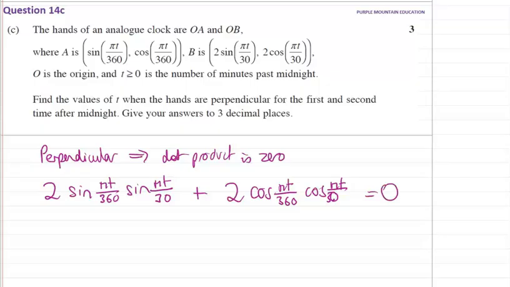All right, we can pull out that 2. We can also recognise sine sine plus cos cos is the structure I need to use cos of the difference. So cos of pi t on 30 less pi t on 360, which is 0.